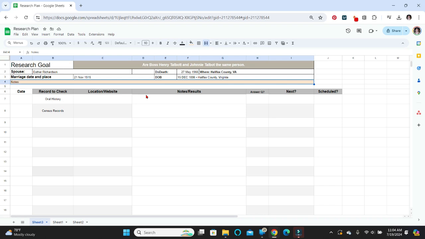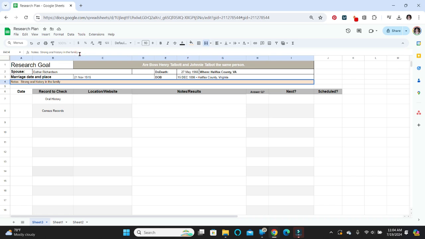Let me walk you through some of this. Now, again, I also put my notes section here. So if I need to add a note, I might say, strong oral history in the family, right? And that would be what I would hope to have. So any kind of notes that I want to make to myself, I might put there.